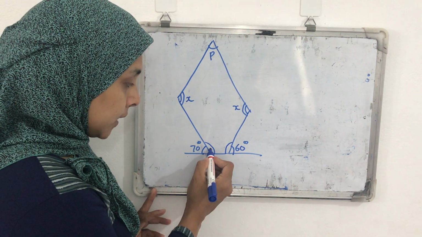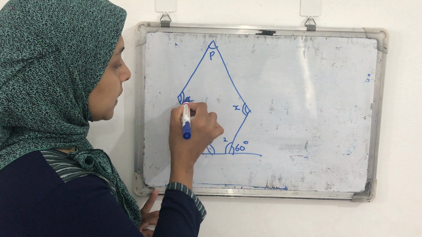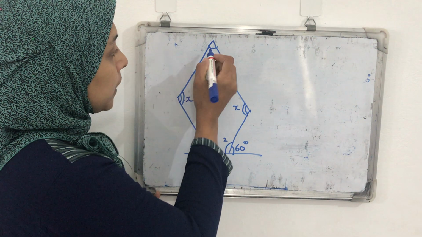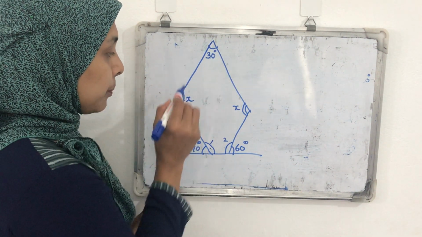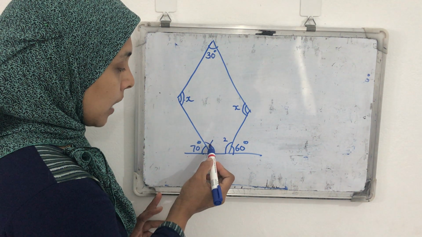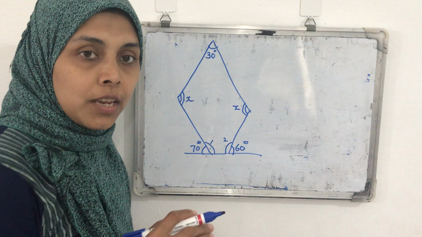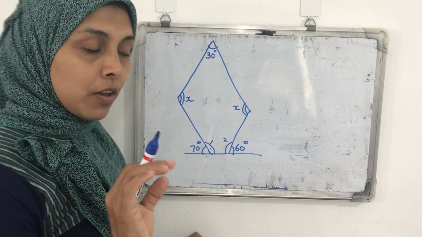The sum of these angles: angle 1, angle 2, then x, plus this angle, which is 30 degrees, not P. The sum of 30 plus x plus angle 1 plus angle 2 plus angle x will be equal to 540, because the angle sum of a pentagon is 540.